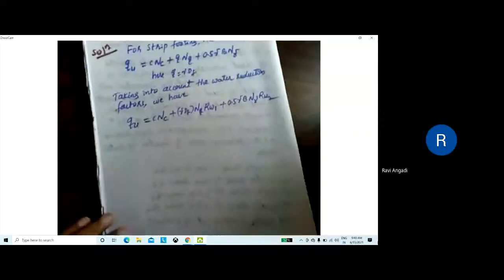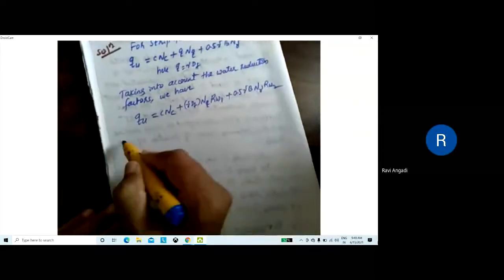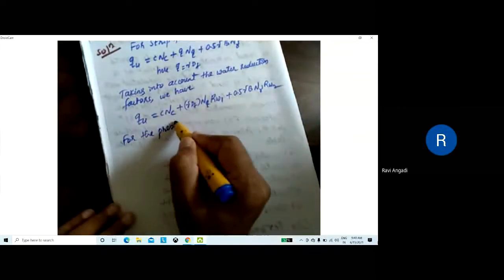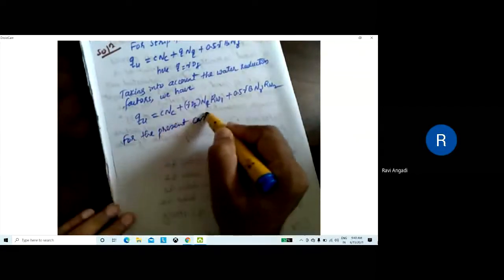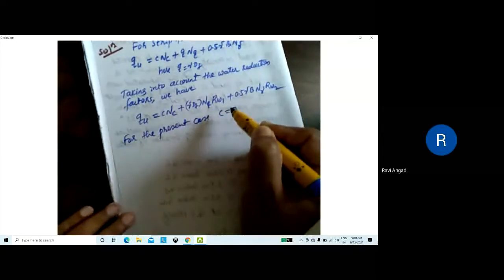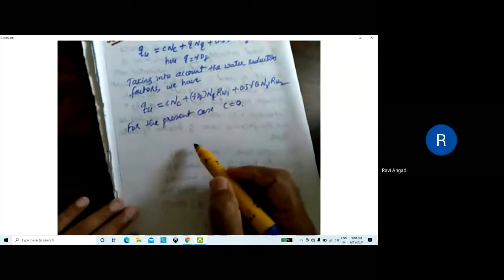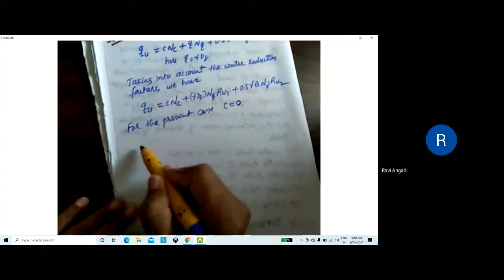Now next, you write for the present case, c equal to 0. So when c becomes 0, what does the equation change to?